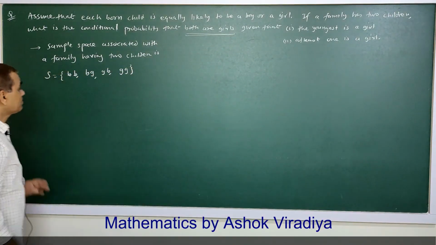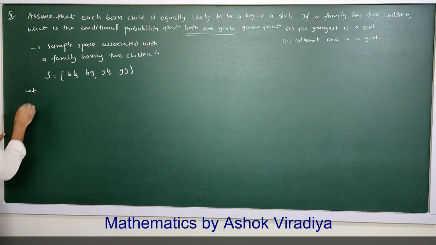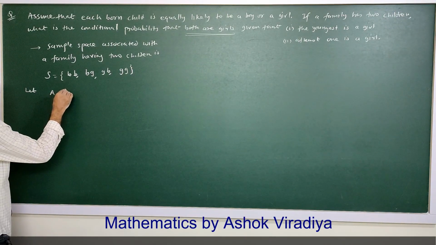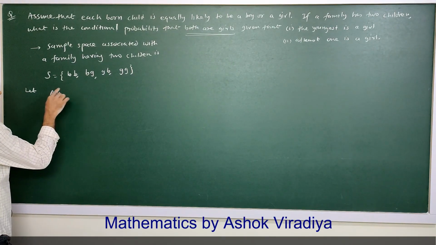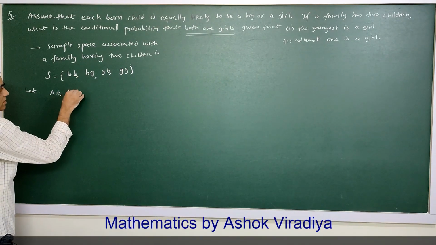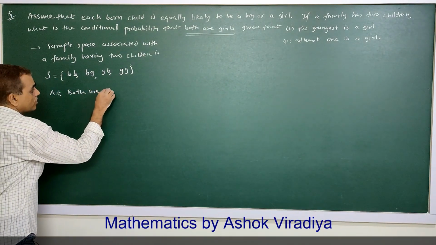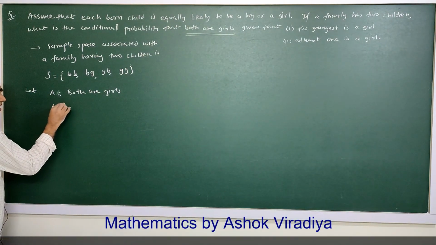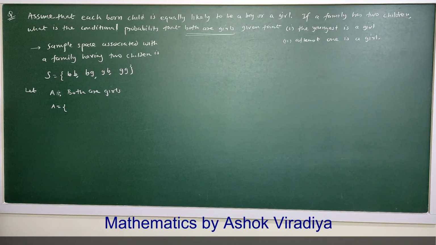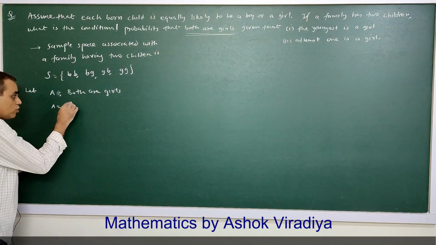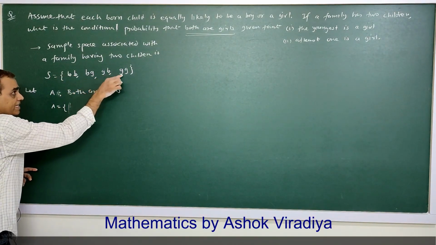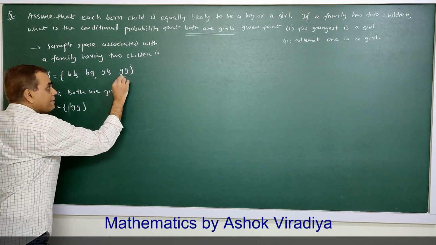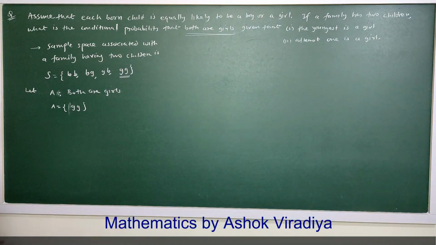So let A be the event that both are girls. So event A has the element first is girl, second is girl. So only one sample point in S.